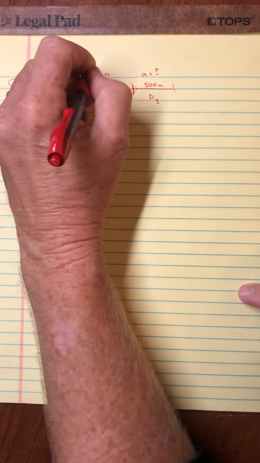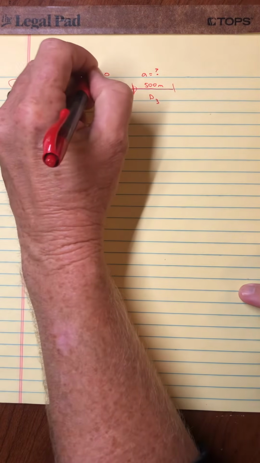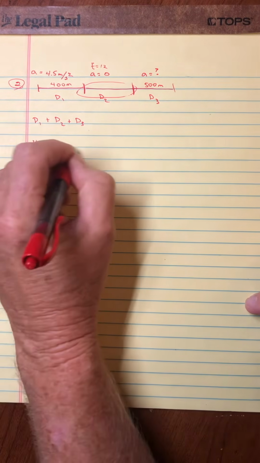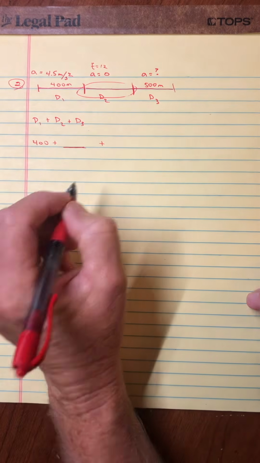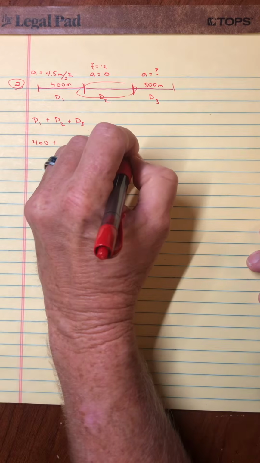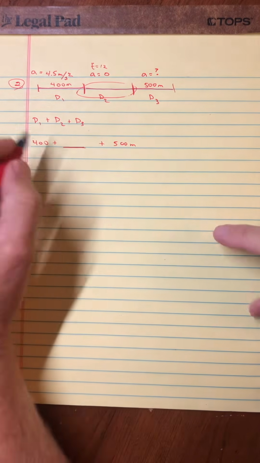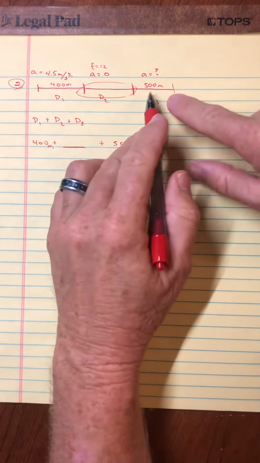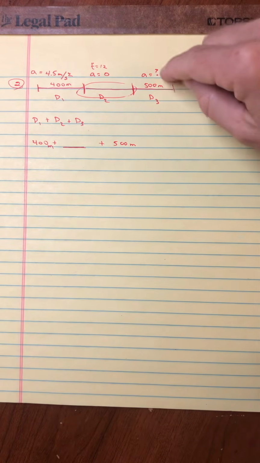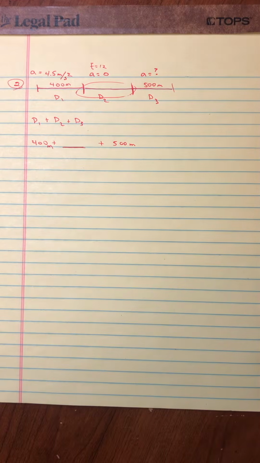And maybe I'll put right here, time is equal to 12 seconds. So this is going to be 400 plus however much distance they travel during the second leg of this, and then they slow down. So I don't really think I need any kind of acceleration or any kind of time or anything calculated for this one. That's just a waste of time and unnecessary.